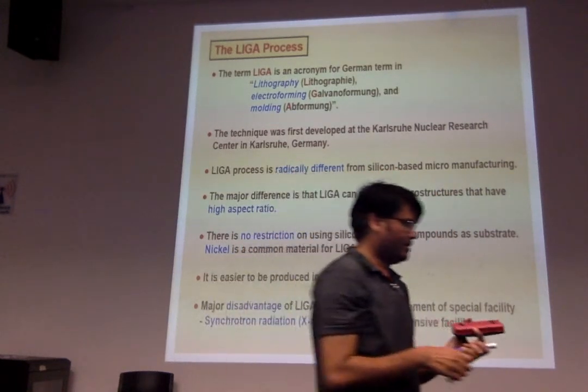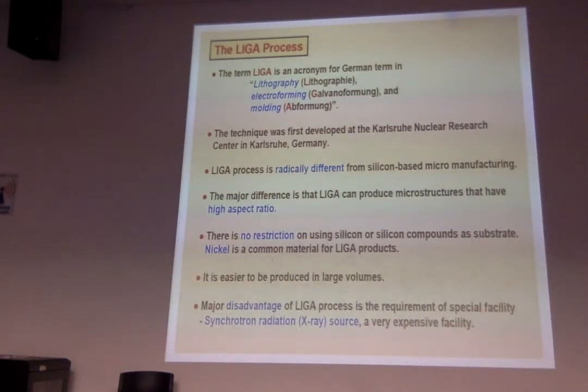What they were trying to do is use photoresist. For example, if I want to make a cubical structure, they first make the cubical structure using photoresist, so it becomes like a hollow structure.